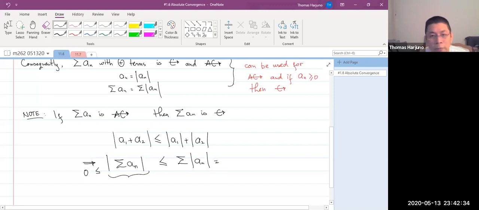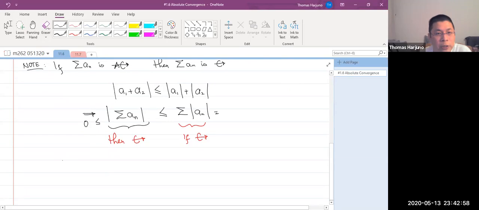Okay, so if this is convergent, then this guy here will also be convergent. So absolute convergence implies regular convergence. Now, you see we have the following situation. Absolute convergence is the strongest. Not so strong is just convergence.